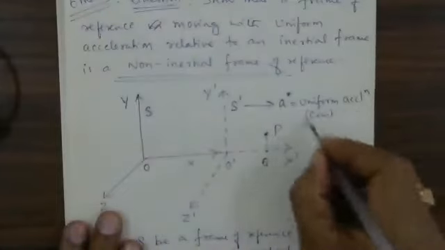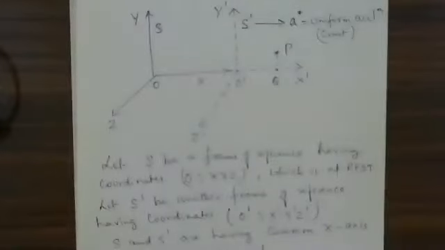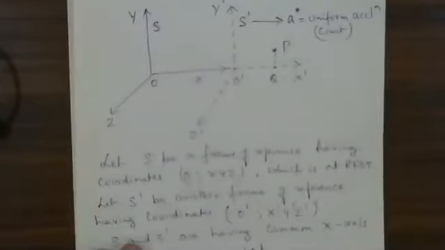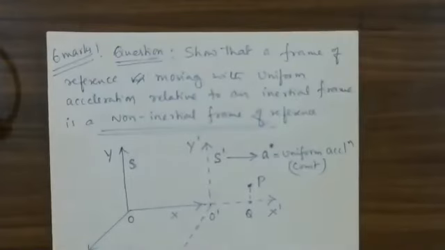Along a straight line, if a uniform acceleration is present, I can call it by the name constant acceleration, taken from your first PUC concept. Once this is finished, any doubt is there, you can ask. I will continue further.